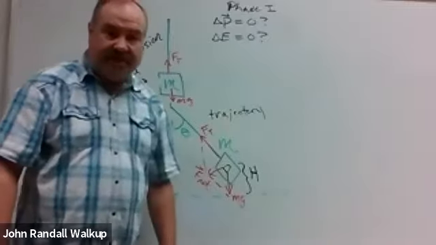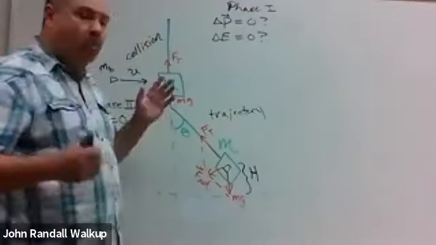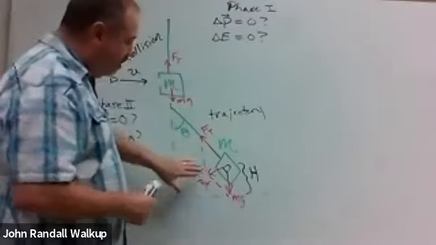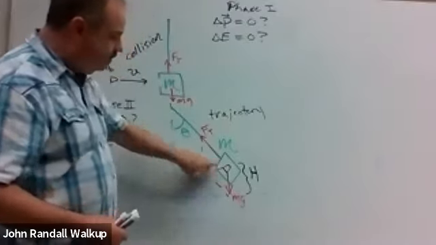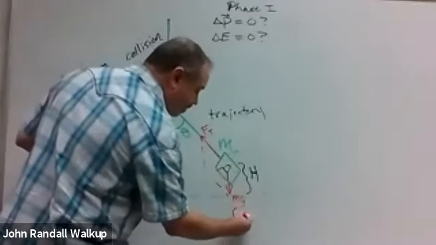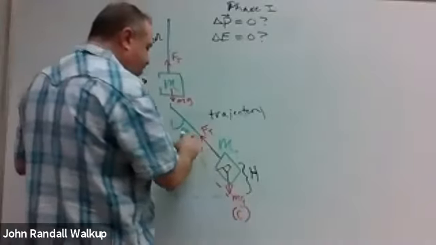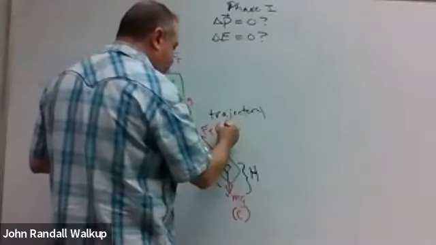Is energy conserved? Yes. Why? Well, what are the forces that act on the system? We already have them up here. The force of gravity is conservative, and the tension force is non-conservative.